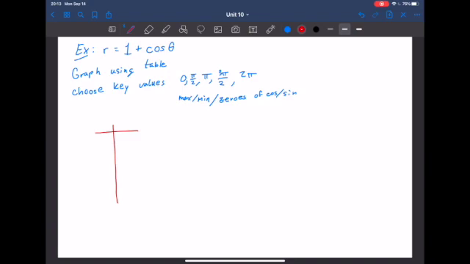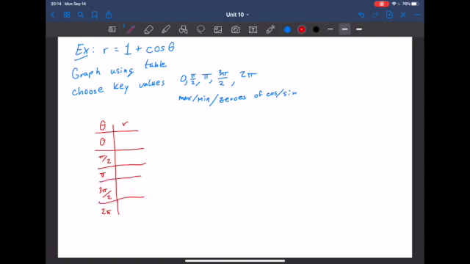So what I want to do is theta, r: 0, pi over 2, pi, 3 pi over 2, and 2 pi. So what's happening here?